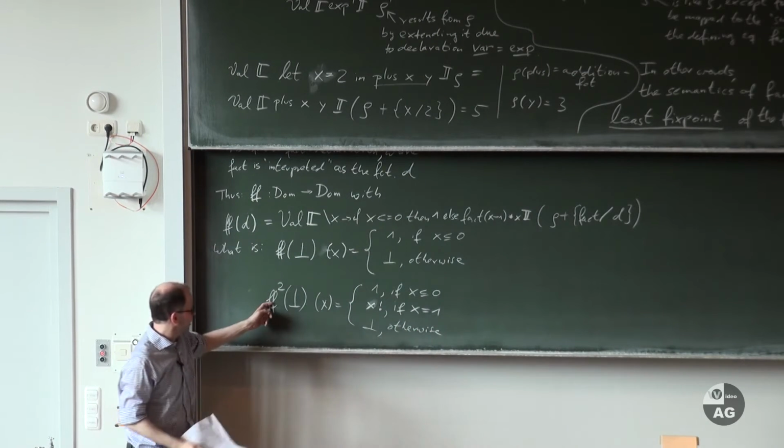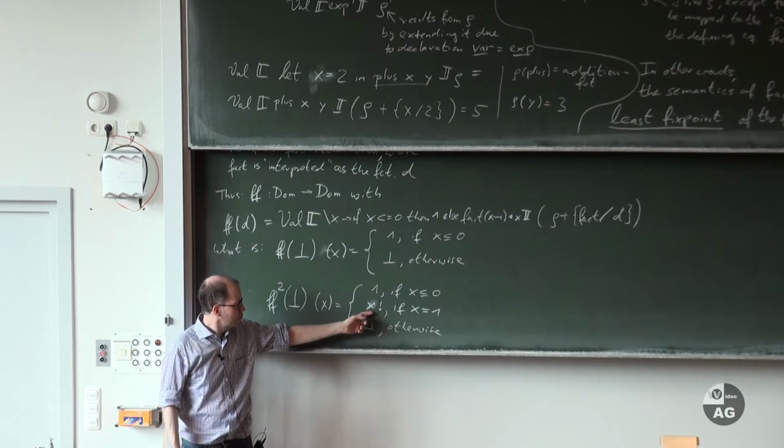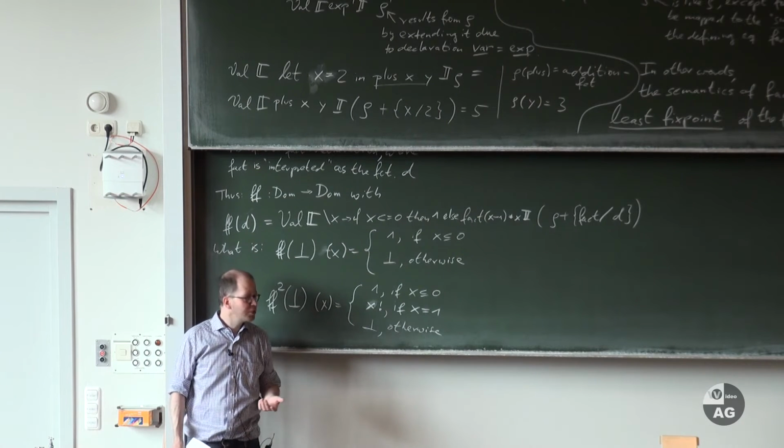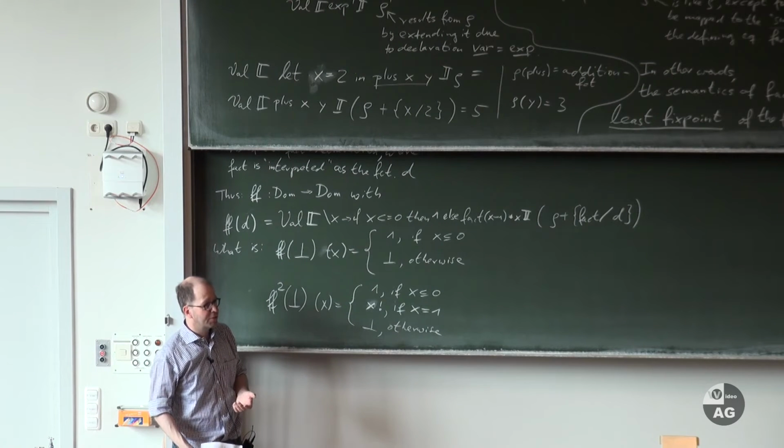And, well, if we apply ff 3 times to bottom, then we get the next better approximation, which does the right thing up to x equals 2. And the next approximation will be doing the right thing up to x equals 3, and so on.